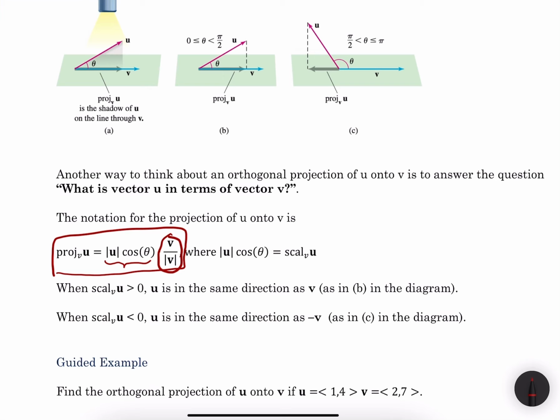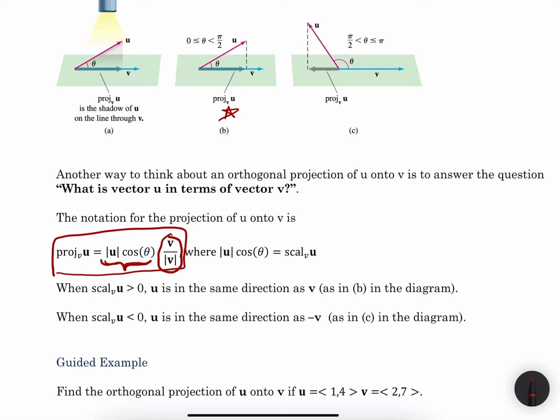The part in the curly brace is called the scale of u. It's how much u is relative to v. When the value is positive, it means u is moving in the same direction as v, like we see in this diagram right here. And when the scale is negative, u is going the opposite direction of v.